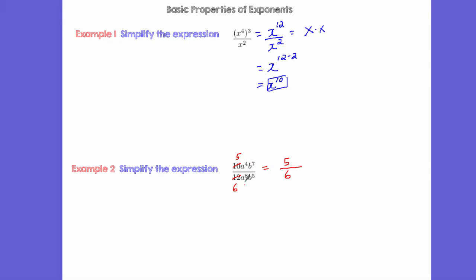Now, when you're dividing two numbers with the same base, you add or subtract the exponents. So 4 minus 8 is negative 4. So I'm going to actually put that up here right now, a to the negative 4. Okay, and then b to the 7 over b to the 5th, that's just going to be b squared.